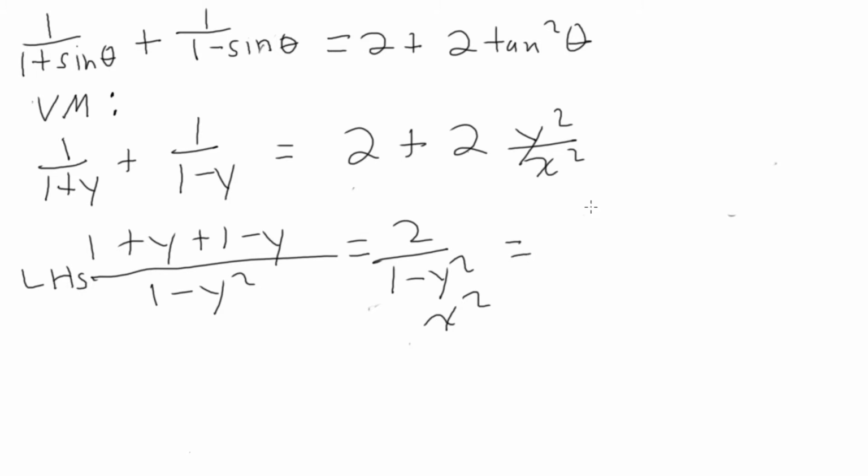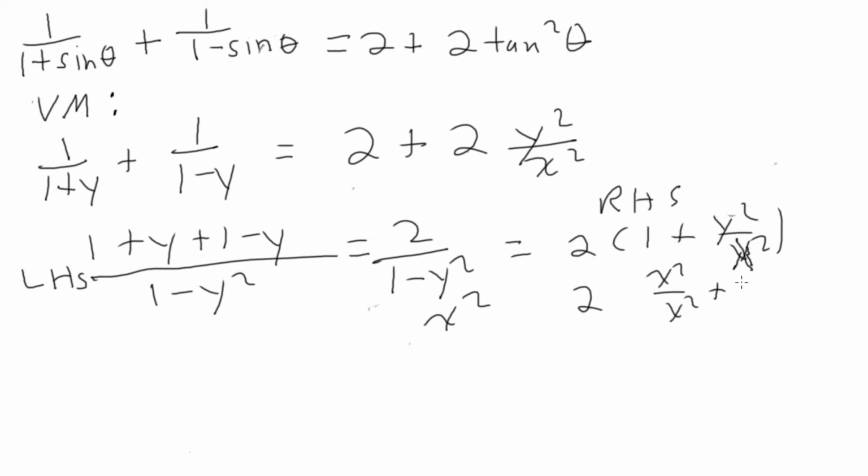Watch this. The right-hand side is going to be 2 times 1 plus y squared over x squared. Now, without doing any trig identity, what we could do is make this x squared over x squared. So I want a common denominator here of x squared. So I could basically do this: 2 times x squared over x squared plus y squared over x squared.